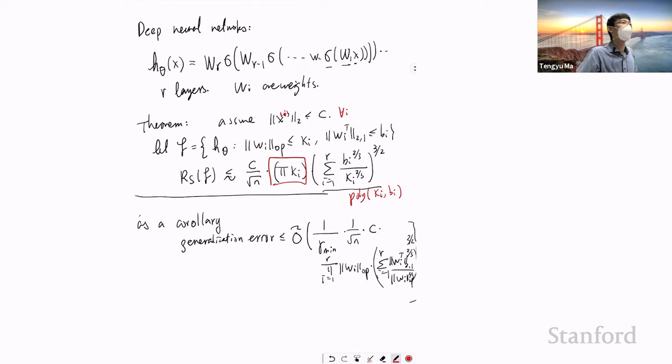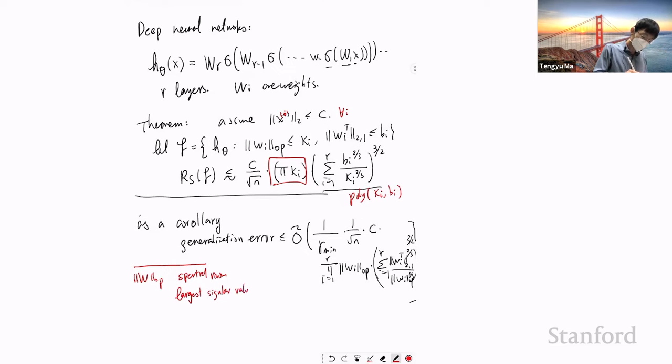It's not super important. Can I ask you, what is the operator norm? So the operator norm is also the spectral norm, the largest singular value.